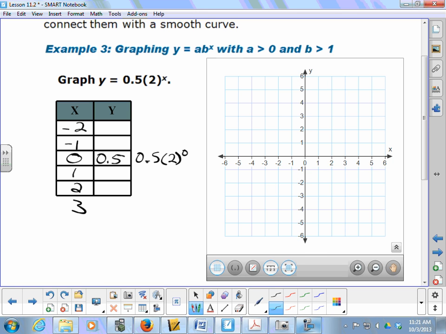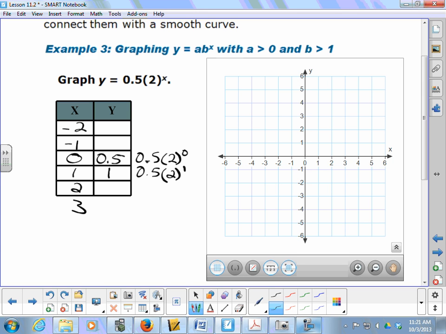So to get from 0.5 for my x of 0 to x of 1, I'm going to do what to 0.5? Multiply it by 2. And what's 0.5 times 2? 1. Because all I had to do was 0.5 times 2 to the first power, which is just 2 times 0.5.